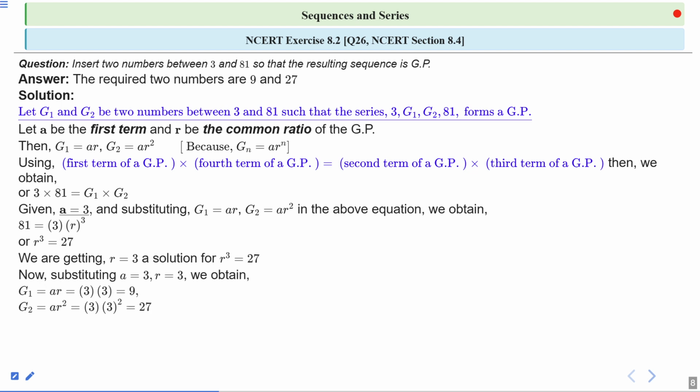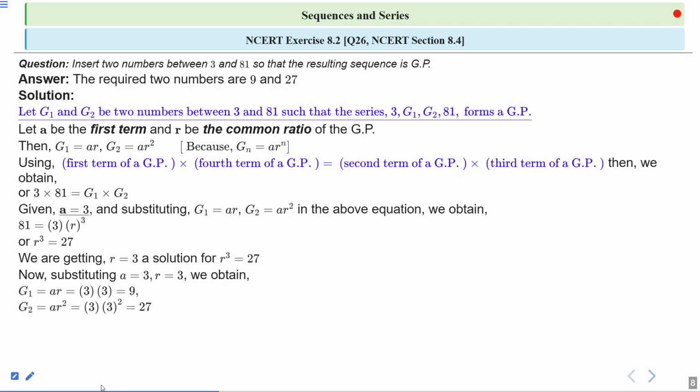So now substituting A is 3 and R is 3. We know G1 is AR and G2 is AR square. If you substitute A is 3 and R is 3, then you will get G1 is A times R, that is 3 times 3, and 3 times 3 is 9.